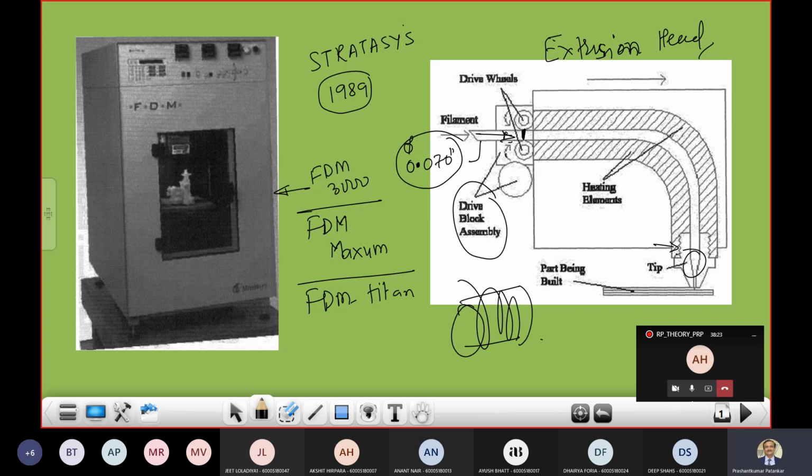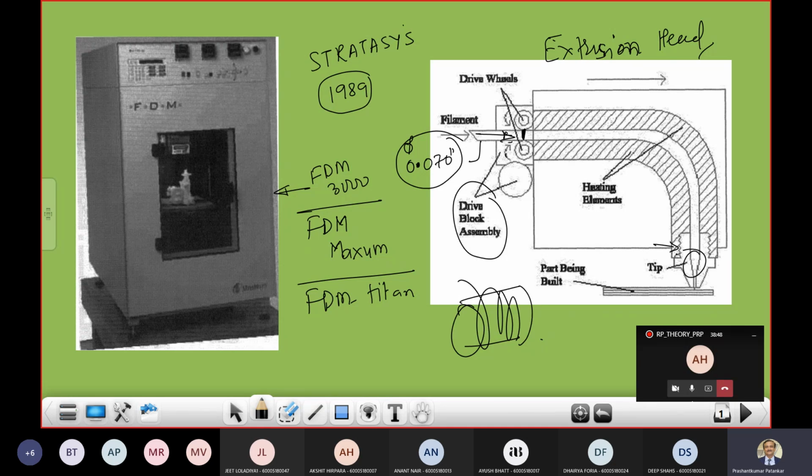The heating element is electronically controlled, and it has feedback thermocouples which regulate the temperature throughout the working cycle.